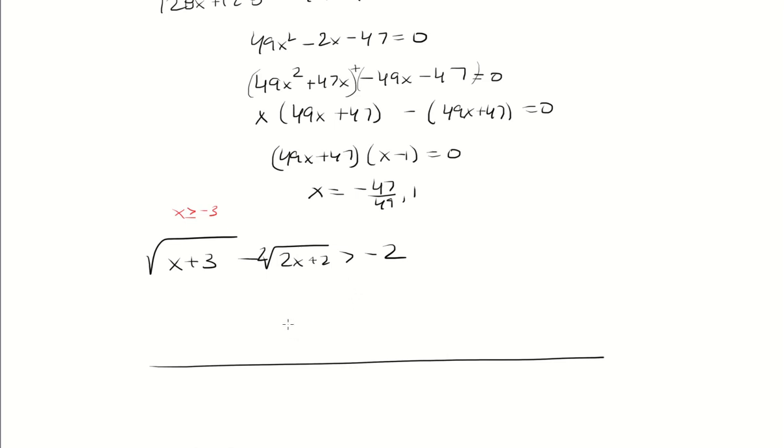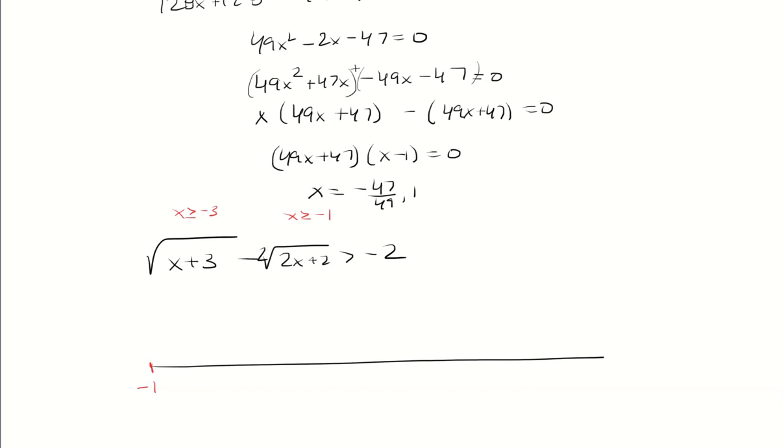Otherwise, we're going to take a square root of a negative, and we can't do that. And the second one has to be bigger than or equal to negative 1. So, if I pick negative 2, it works for the first square root, but not the second one. So the x value that we choose has to work for both square roots. So negative 1 will be the absolute minimum we have to consider. Anything before that is not part of our domain.